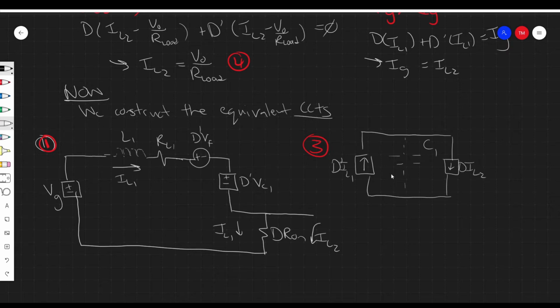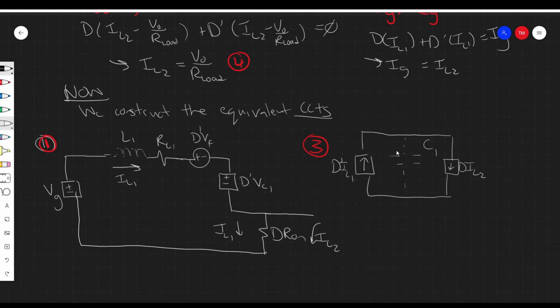So this capacitor is also coupling the currents IL1 to IL2. This C1 somehow relates IL1 to IL2, just as this resistor also does that.